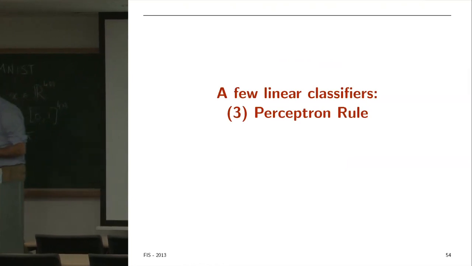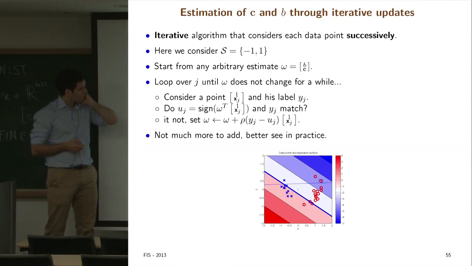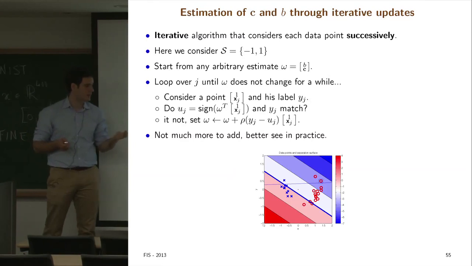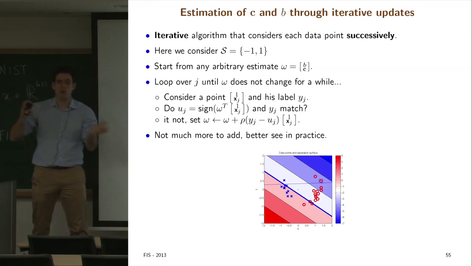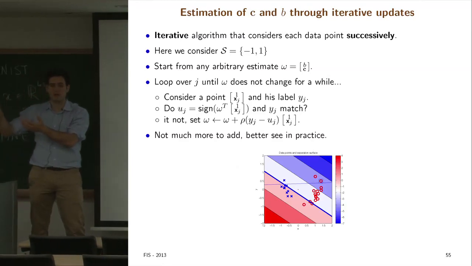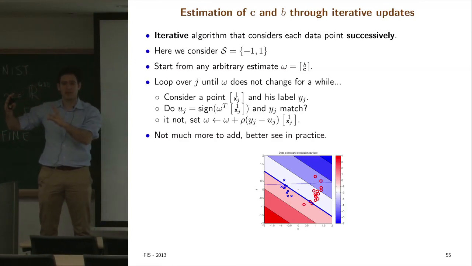So let me just now go very quickly through the perceptron rule. This is a very important distinction that I would like to make. Both in linear regression, in LDA, and in logistic regression, we have used all of the data to form one criterion, so maybe the likelihood or the least squares criterion, etc. And we used all the data at the same time to find good parameters.